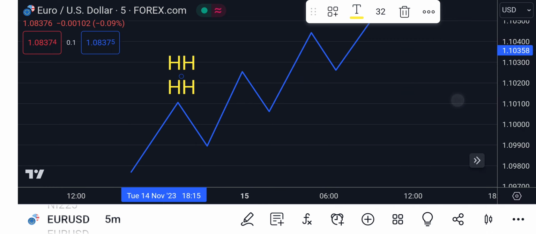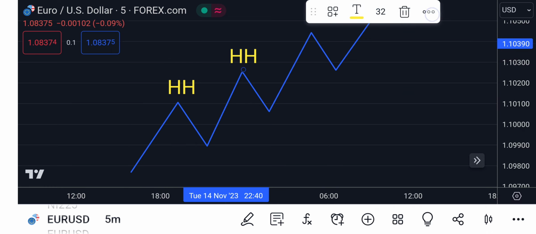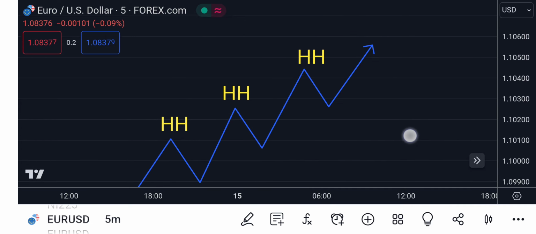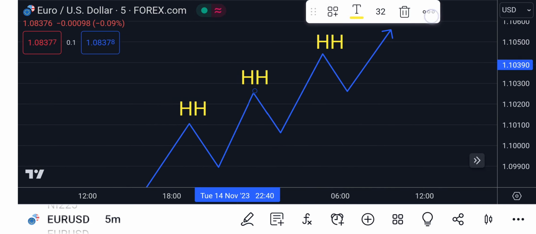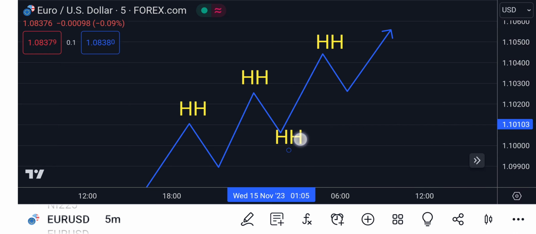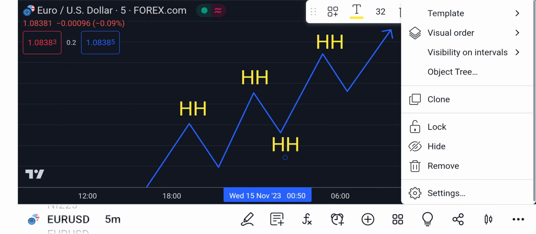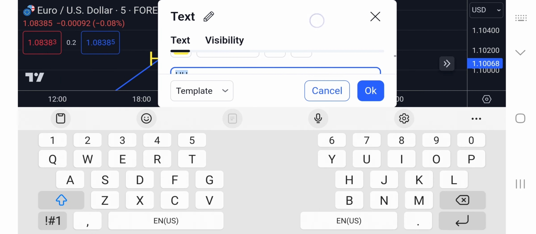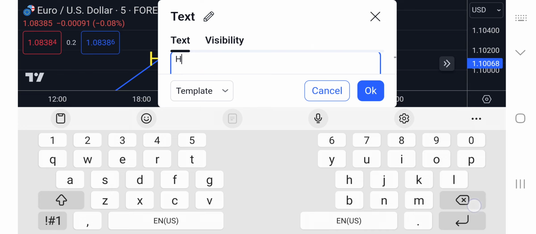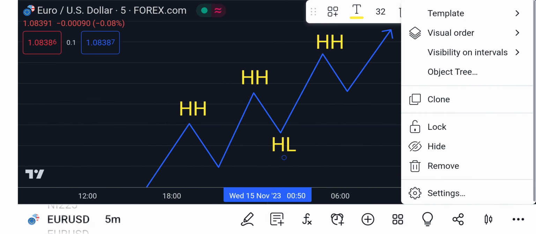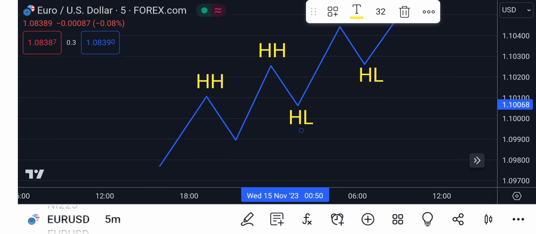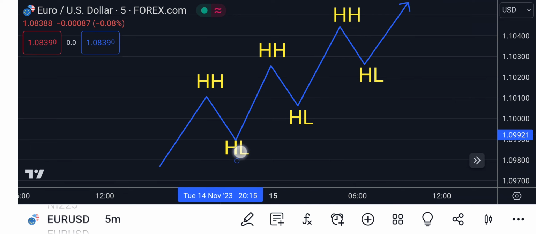So let me clone this and put it there, and then clone this one more time, put it down here, then edit it and put in an L there: higher low. Then I'm going to clone this as well and move it here, then clone this as well and move it here.